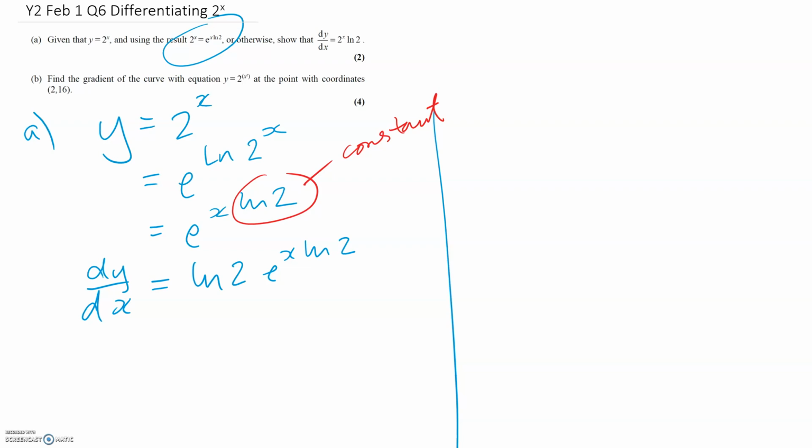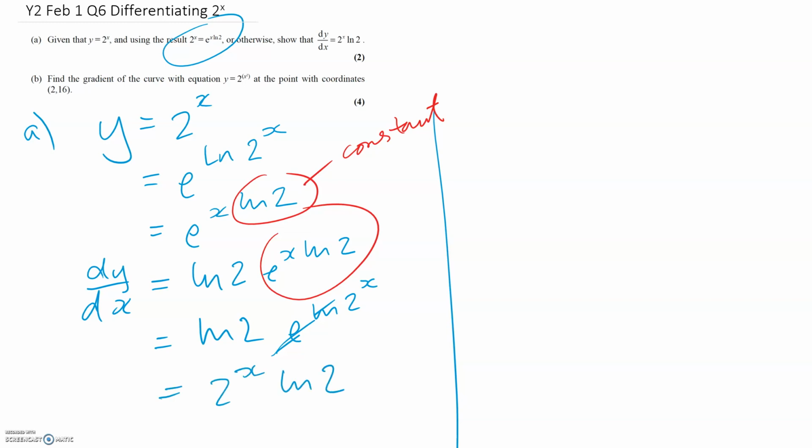In other words, we can simplify everything a little bit. We'll leave the ln 2 at the front, but now we can put that x back where it was, next to the power of 2, and now we can cancel the e and the ln, because we don't really want those. So we get our final answer, which is 2 to the power of x ln 2.